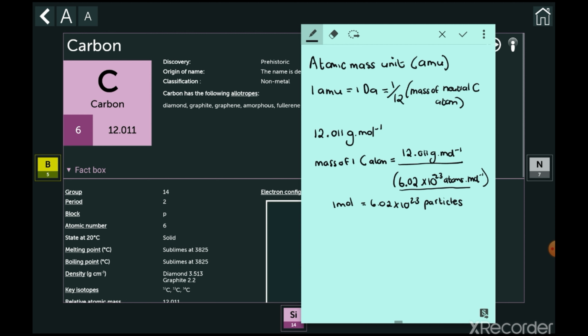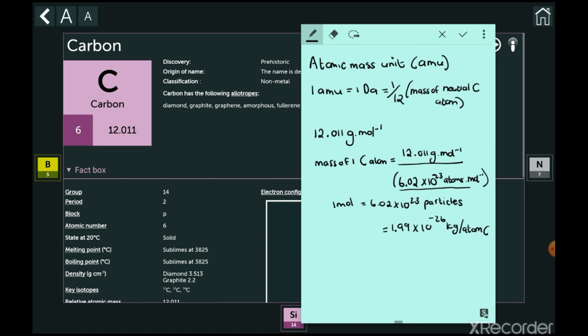And inside 1 mole of carbon, or 12 grams of carbon, you have this amount of atoms. So to work out the mass of 1 carbon, if I just continue my calculation, it will give me 1.99 times 10 to the negative 26 kilograms per atom of carbon.